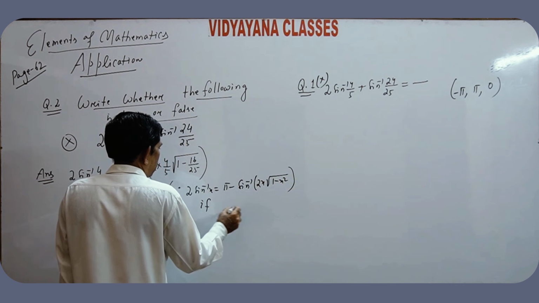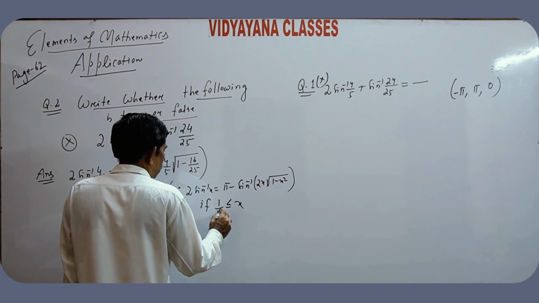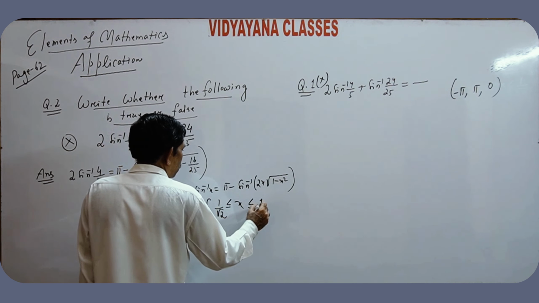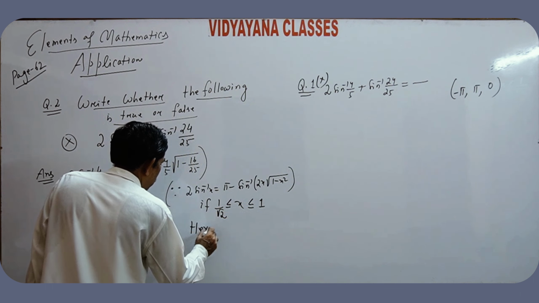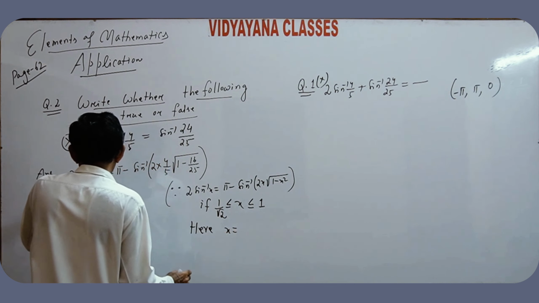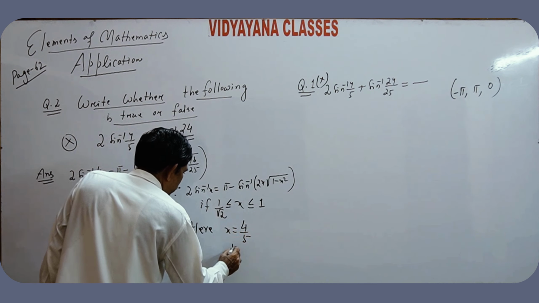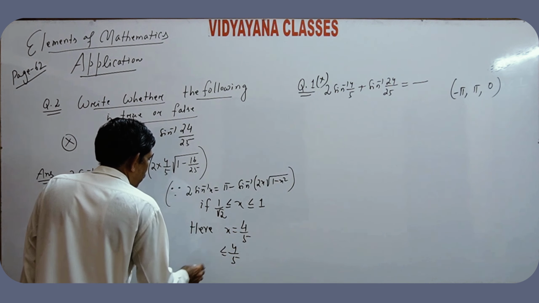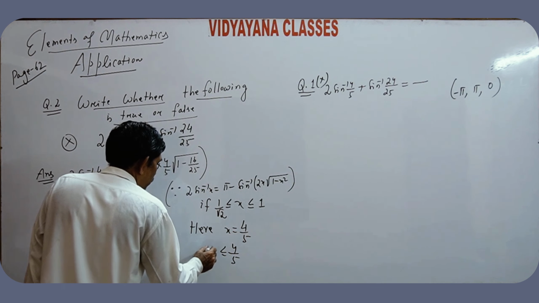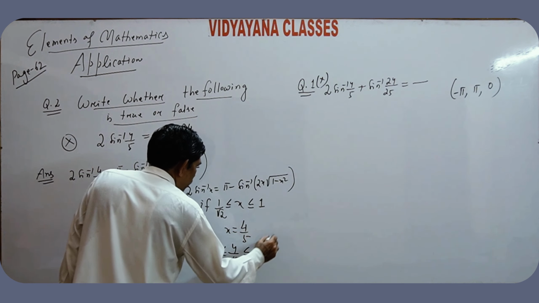if x is greater than or equal to 1 by root 2 and less than or equal to 1. Here x is equal to 4 by 5. 4 by 5 is greater than or equal to 1 by root 2 and less than or equal to 1.